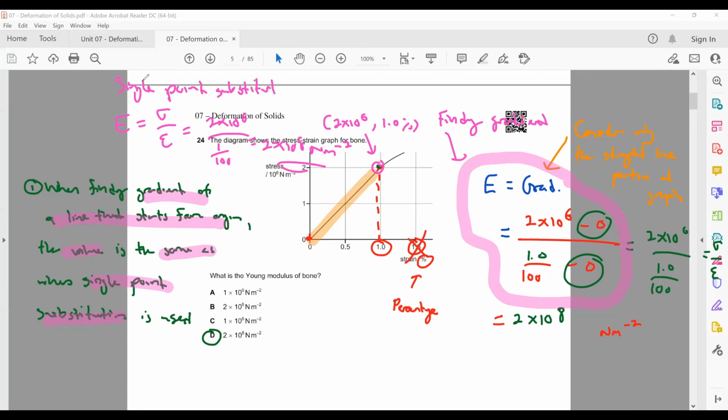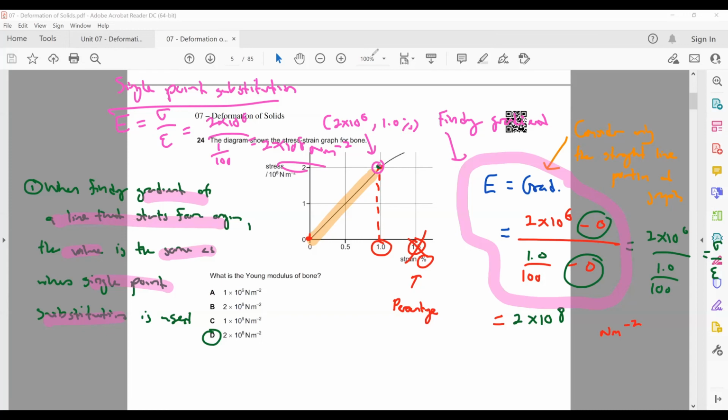All right. You might notice that sometimes I say it's gradient, but then after that, you see the marking scheme and all, they don't really find the gradient. They actually just use a single point substitution, meaning to say they find the value of a single point and sub it in. It's actually the same thing, okay?